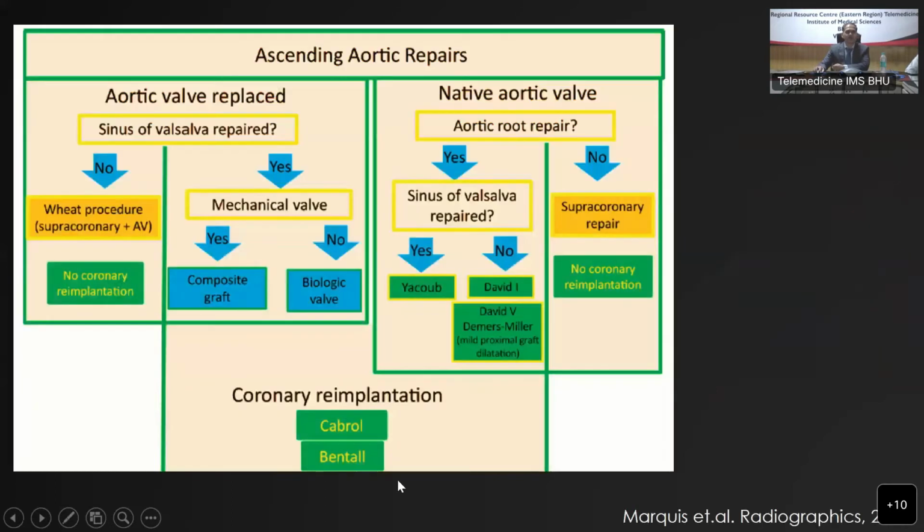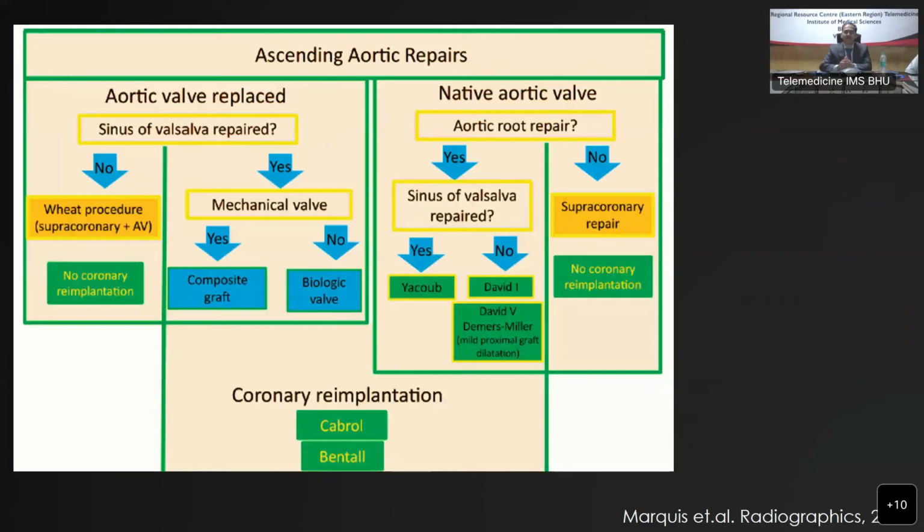When we talk about patients who undergo repair of the ascending aorta, there are types of repairs, and it all depends on whether the aortic valve is replaced or not. If the aortic valve is replaced, it can be a mechanical valve or a biologic valve.